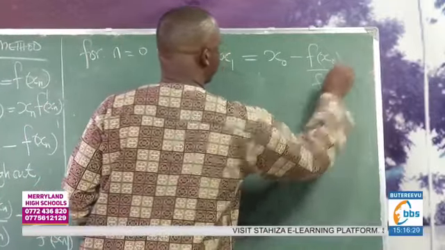Summarily, in a table, for x as -1, I got -14, and for x as 0, I have got +2.